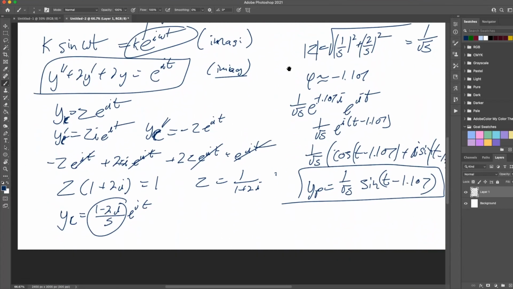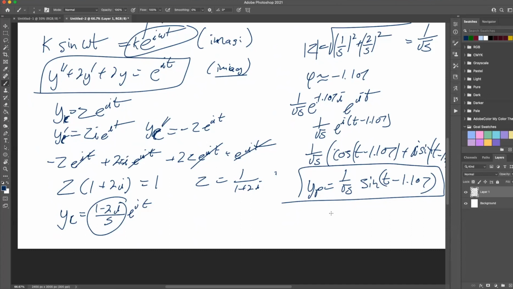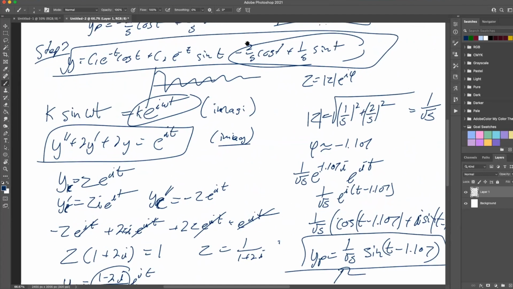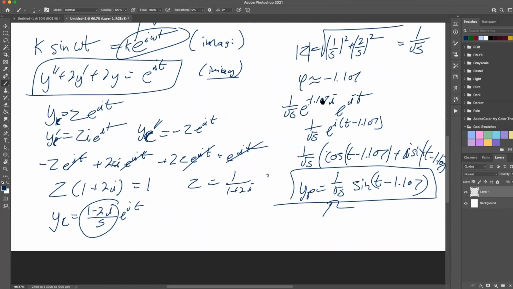Why? I can tell you exactly why. What's the amplitude of the steady state? It's 1 over square root of 5. That's the amplitude of the steady state, right? You can easily say that when you wouldn't really know how to pull it out of here, right? Especially if you have a weird omega. What's my phase change? Well, my phase change is right here.